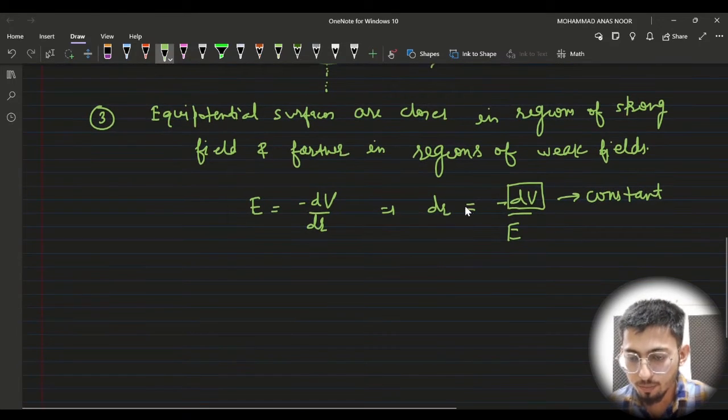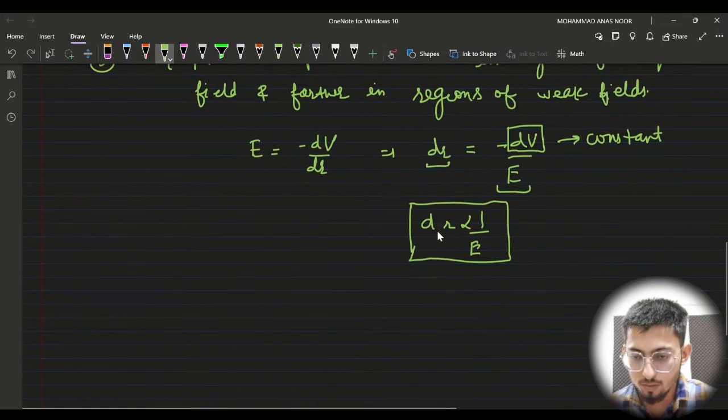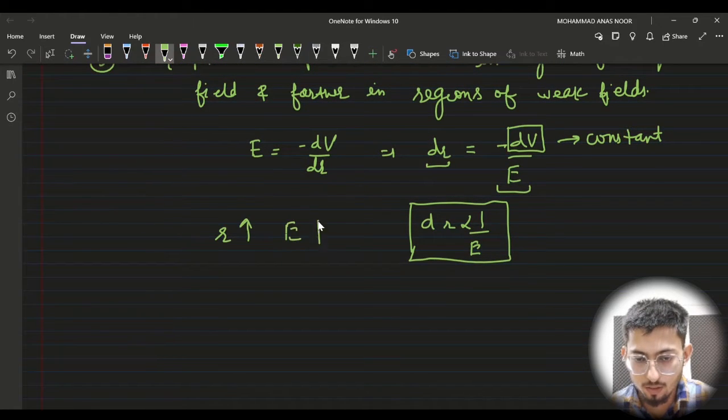Then on this constant potential surface, if we change this dr, the E will change because dr is inversely proportional to E. Right? So that means if r increases, E decreases, and the other way around, if r decreases, E will increase.